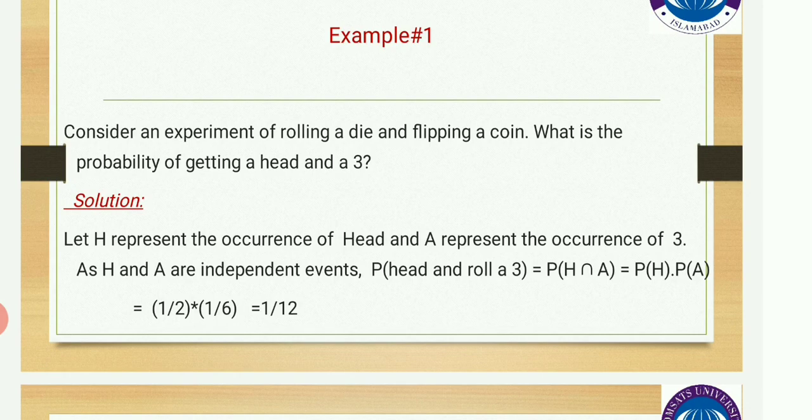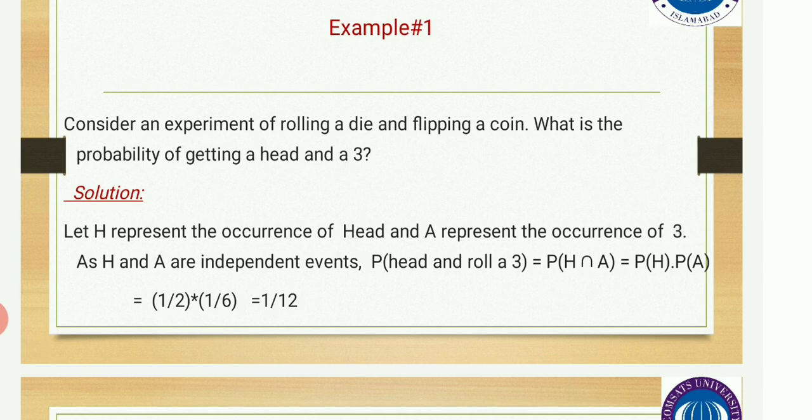Let H represent the occurrence of head on a coin and A represent the occurrence of 3 on a die. As you can see, H and A are independent as they do not affect each other in any way.